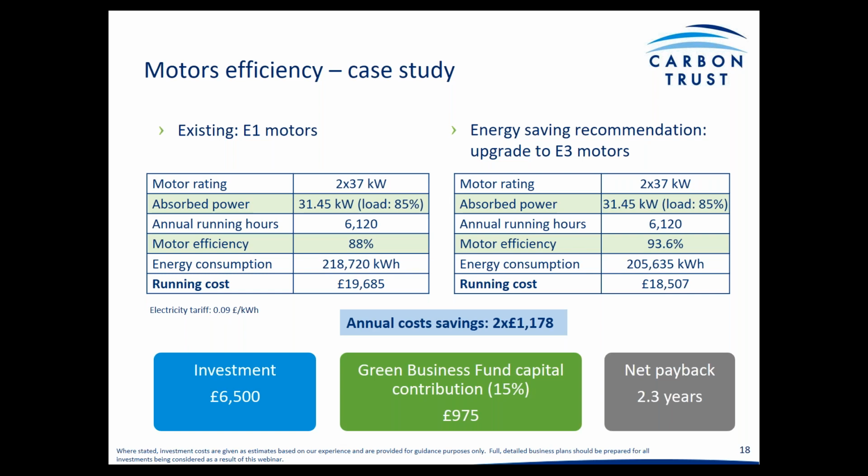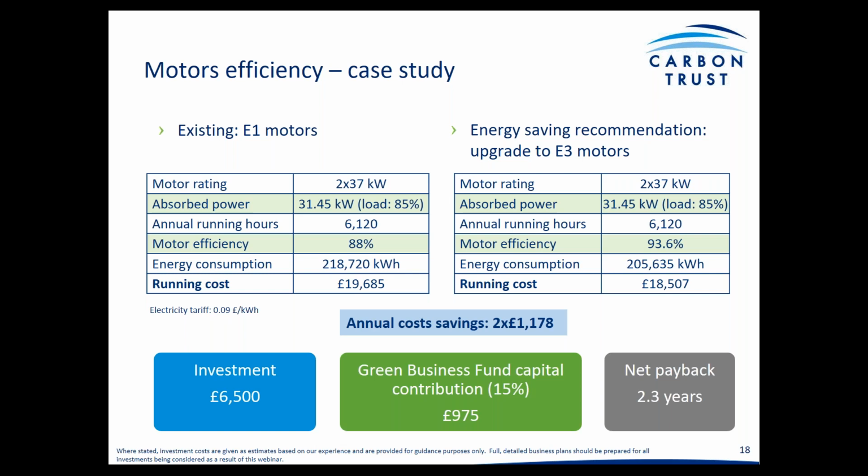The load was around 85%, and the two motors were running for around 7,000 hours per year. The existing efficiency of the motor was 88%, which corresponds to around £19.7k per annum.